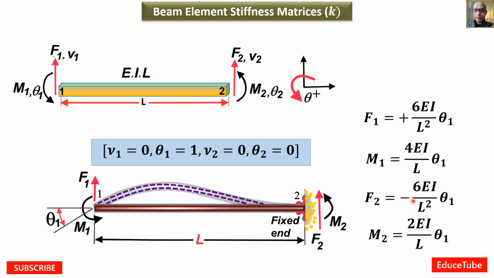Yes, K32. This one K42, because second column and last row, so K42. So this total line is the second column of our targeted stiffness matrix.